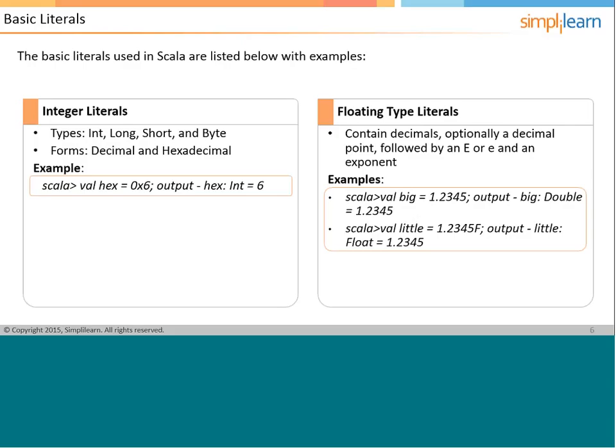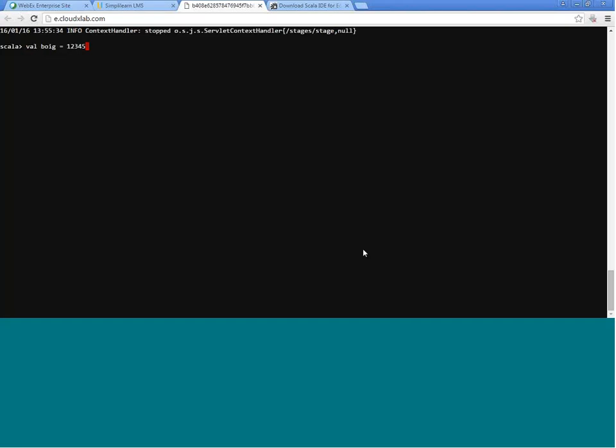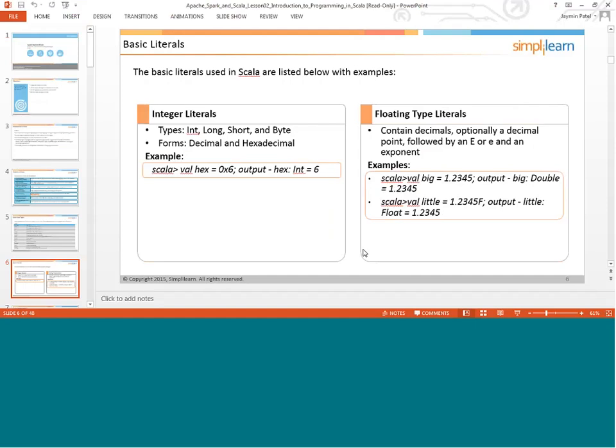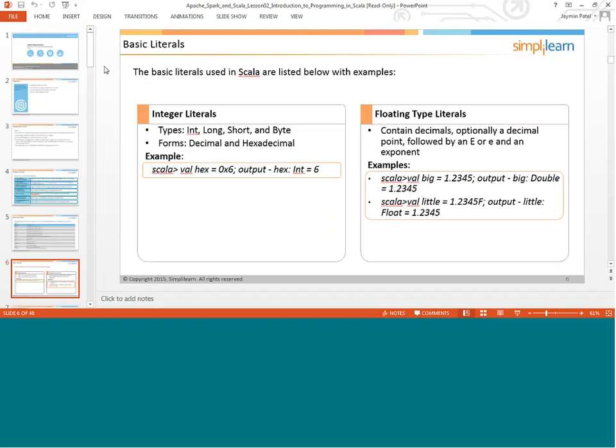For example, if I do, let's say, big is equal to a number, as you can see, it is defining it as an integer.